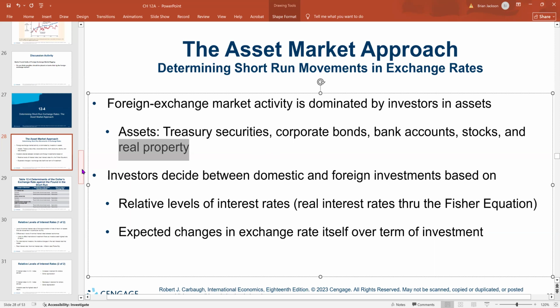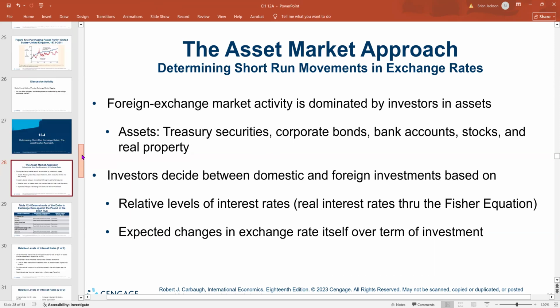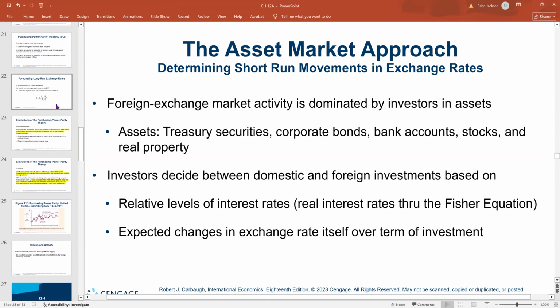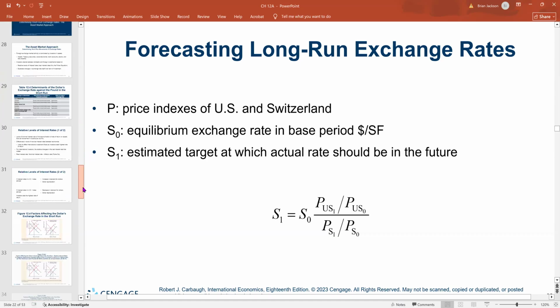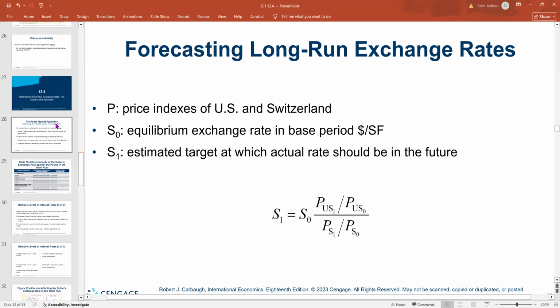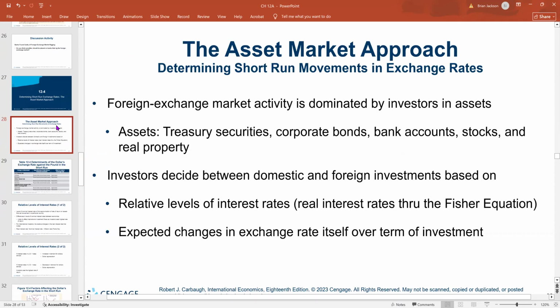Okay, we can't forget what was a factor in purchasing power parity here. This complex fraction here that involves inflation rates, the ratio of inflation rates. That also is a part of this asset market approach. But here, though, we're not necessarily looking at pricing a basket of goods and so forth, and how currencies will flow in as they chase a basket of goods.